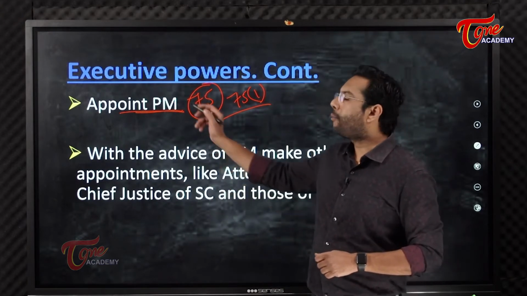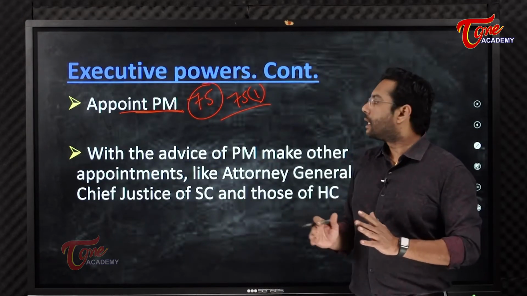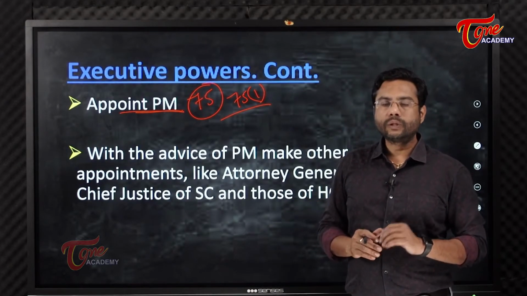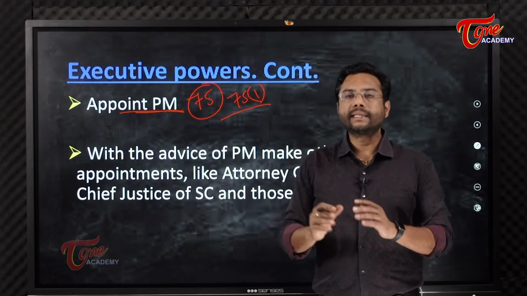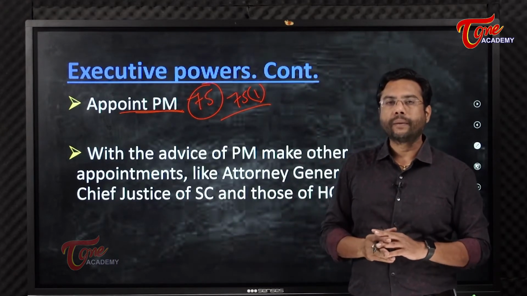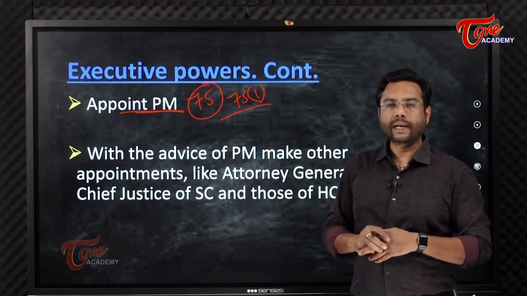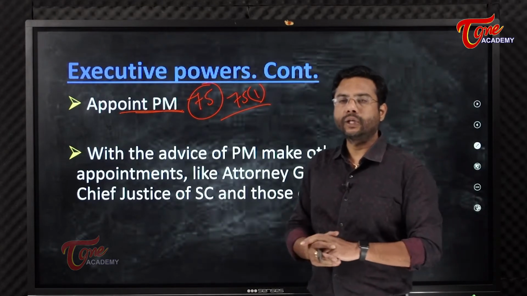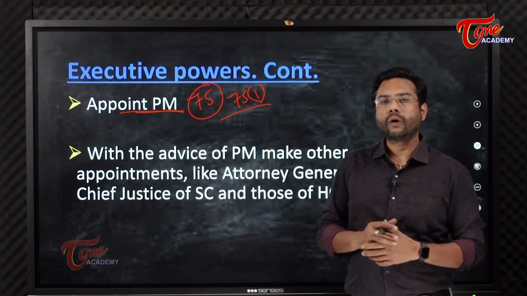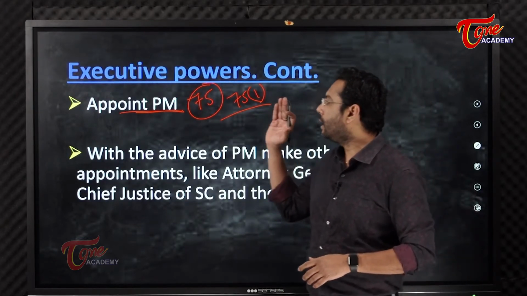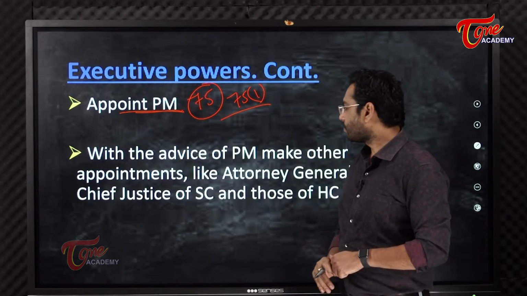So this is the important executive power of the President, because the Council of Ministers, as we know, in the parliamentary form of government is an executive body. Within the Council of Ministers, we have again an important body called Cabinet, which is the highest decision making body. So the members of the Council of Ministers are appointed by the President on the recommendation of the Prime Minister.